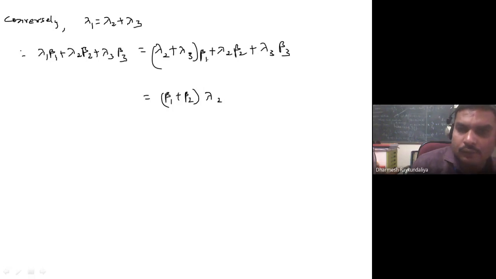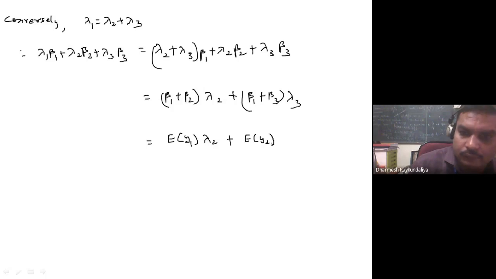Yes, beta 1 plus beta 2 times lambda 2, and with lambda 3 what will we do? Plus beta 1 plus beta 3 times lambda 3. But what is the expected value of this? This is the expected value of y1 times lambda 2, and this we write as expected value of y2 times lambda 3. So we can write it as expected value of lambda 2 y1 plus lambda 3 y2. Can we write it?